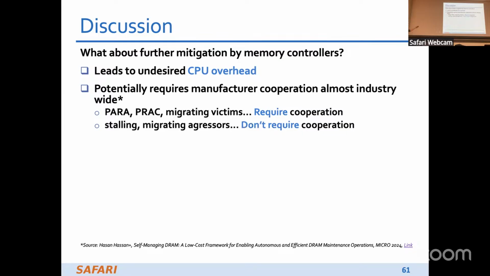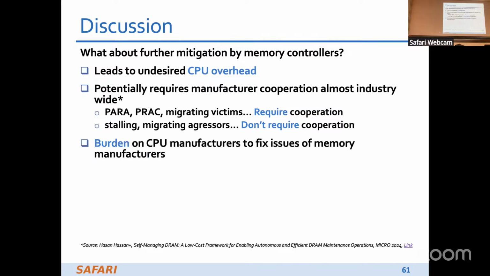They just are performed by the memory controller, but it's still undesired CPU overhead that affects the CPU performance. So all of these mitigations are a burden on the CPU manufacturers, where they have to fix issues that they themselves have not produced, where they have to fix issues of the memory manufacturers, which of course is a difficult situation to put the CPU manufacturers in.